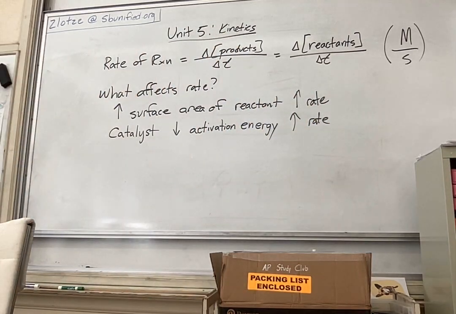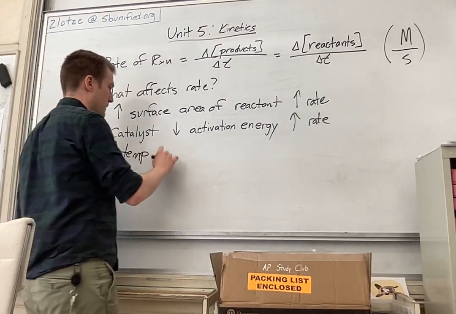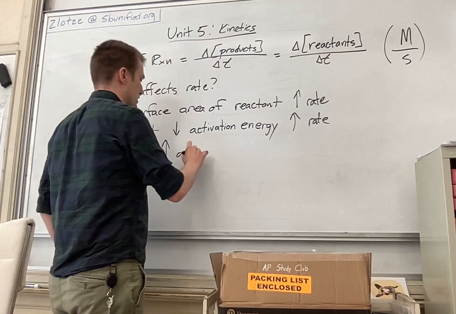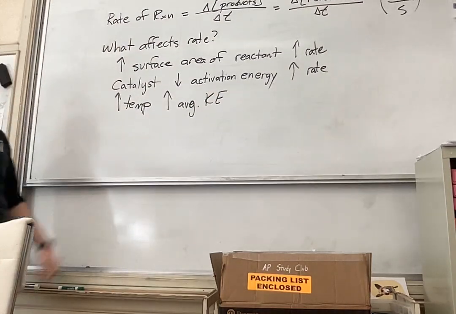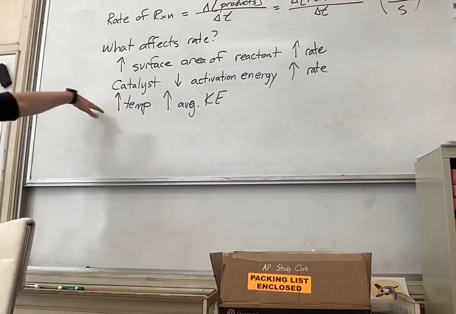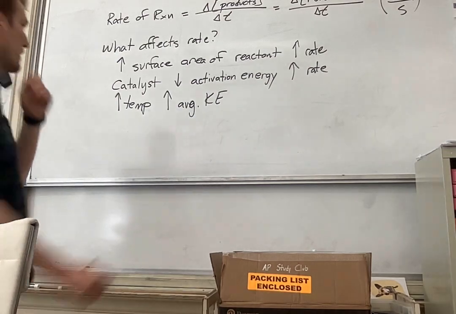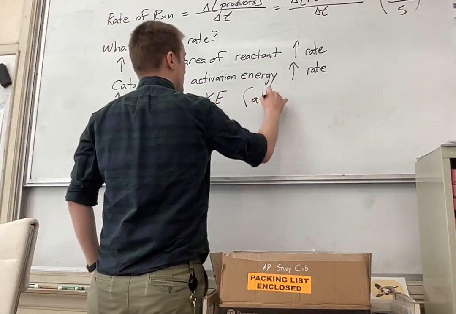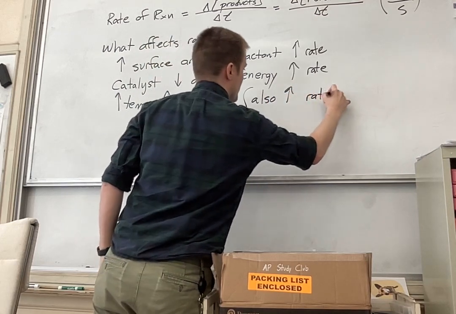I'll come back to the catalyst. Temperature: if you increase your temperature, that means the average kinetic energy of your particles is higher, so more of them hit the activation energy to successfully react. And the temperature, you might want to note, also increases the rate constant.